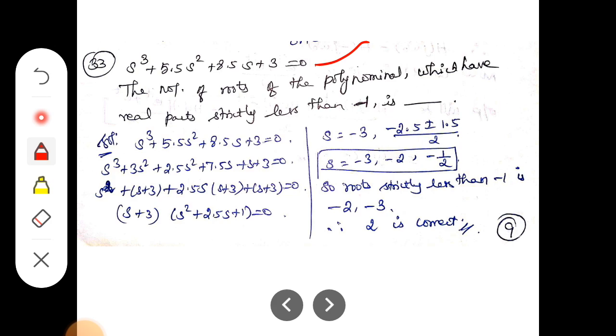So we first calculate the roots. s cube plus 5.5 s square plus 8.5 s plus 3 is equal to 0.